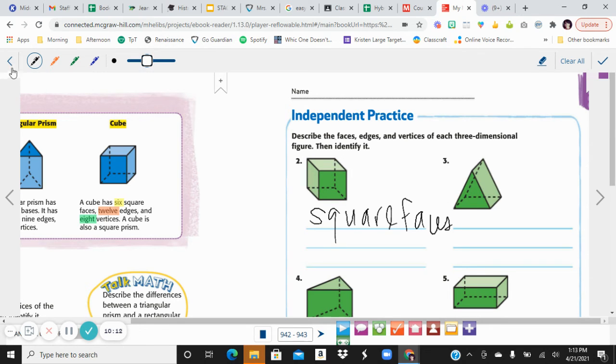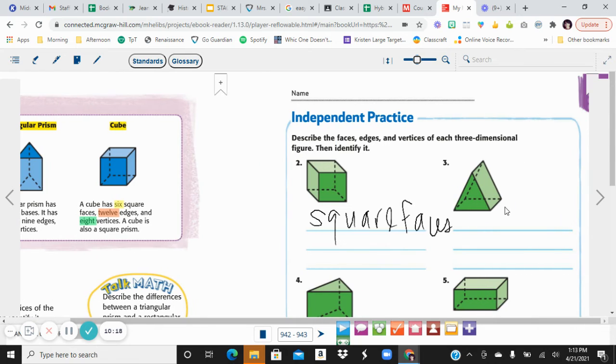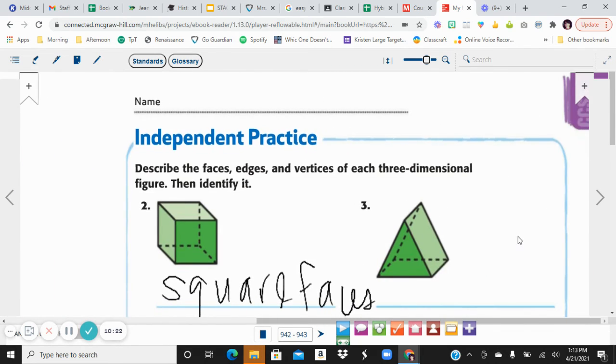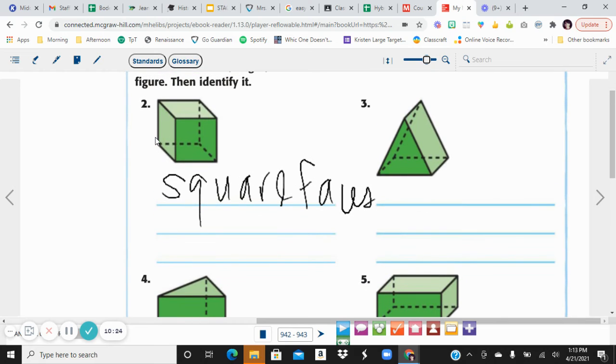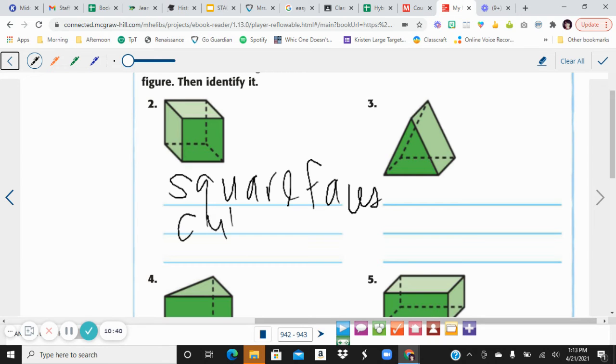Oh, I see. Hold on a second. Let me zoom in here. Okay, it only has square faces. It definitely has 1, 2, 3, 4, 5, 6, 7, 8 vertices. So this is a cube, and you guys probably knew that. You could recognize that. It's a cube.